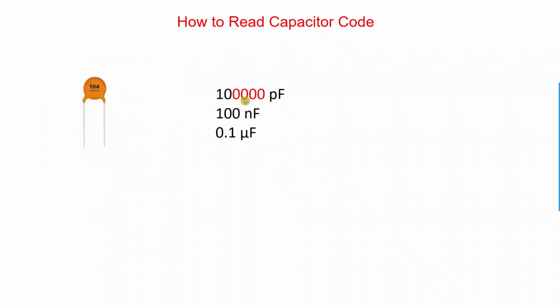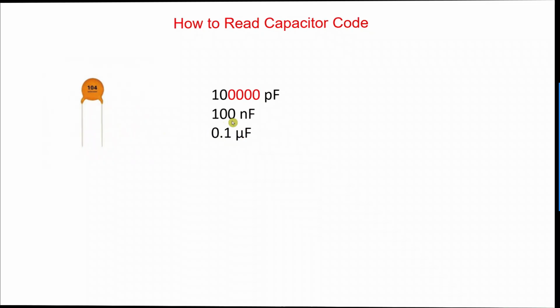The unit will always be in picofarad. If you divide by 1000, it will become 100 nanofarad. Again, if you divide by 1000, it will become 0.1 microfarad. So what is the value of this capacitor? It is 0.1 microfarad, or you can say this is 100 nanofarad.